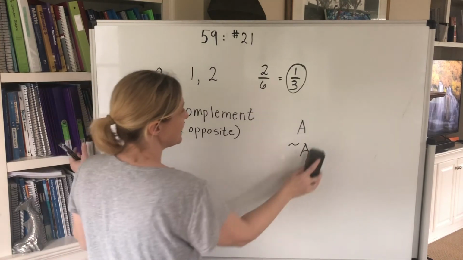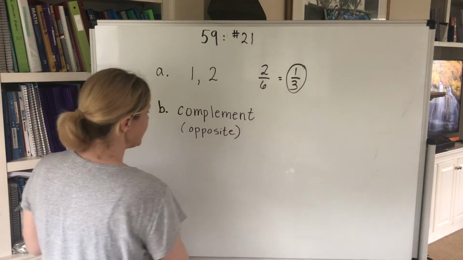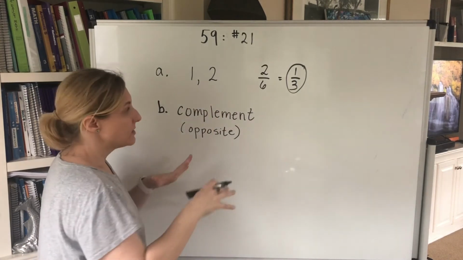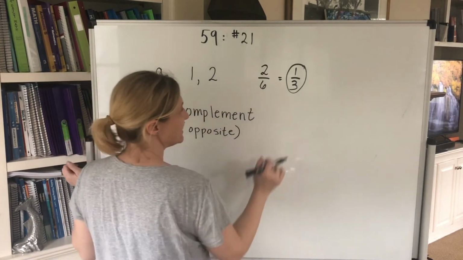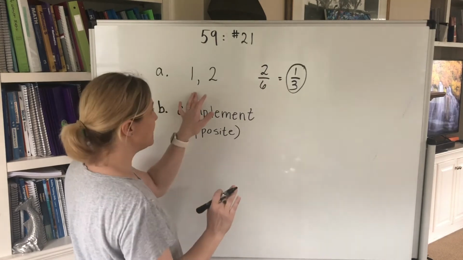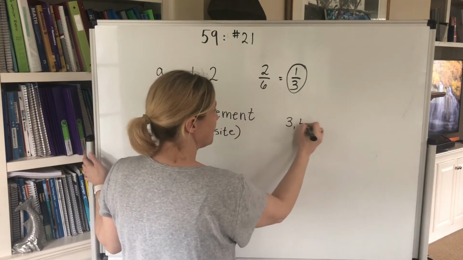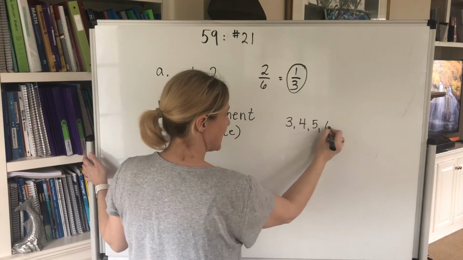The opposite of this event would be anything that's not the 1 or the 2. So how many choices left out of 6, if you don't count the 1 and the 2, are there? Well, there's 3, 4, 5, and 6.